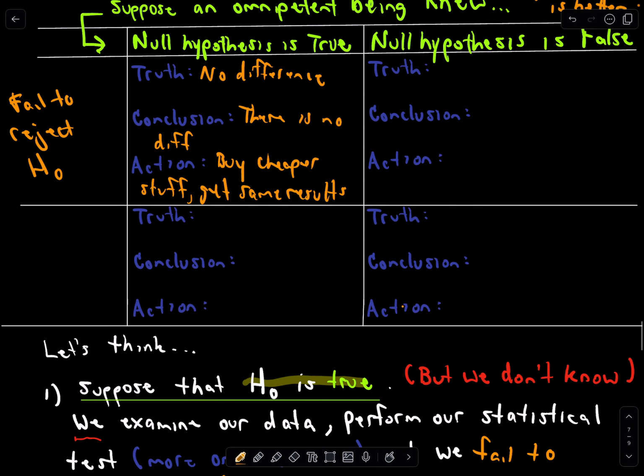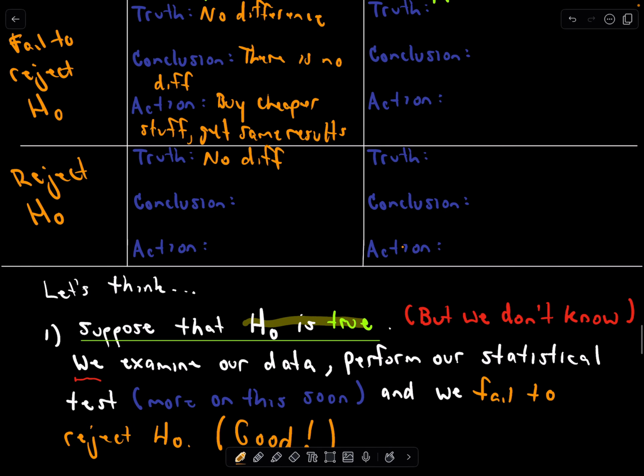Oh no. So in this case, suppose we do our test and we actually reject that hypothesis. Now, the truth of the situation is, again, that there is no difference between the two soaps. Now, the conclusion that we came to was that the more expensive stuff.